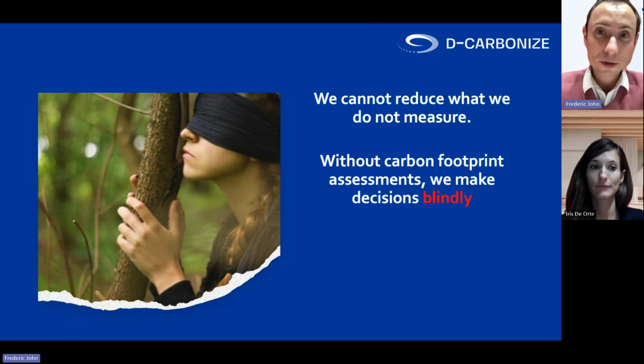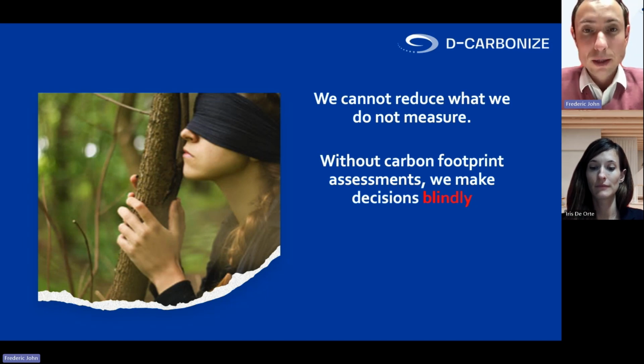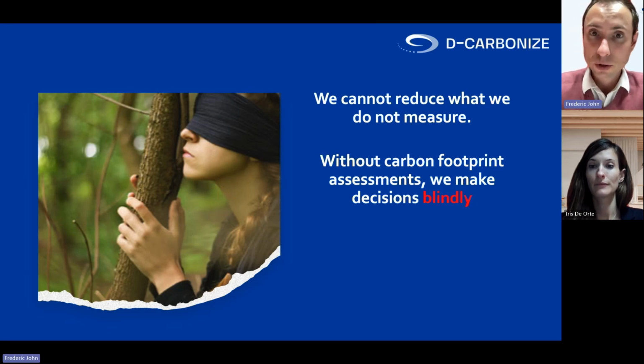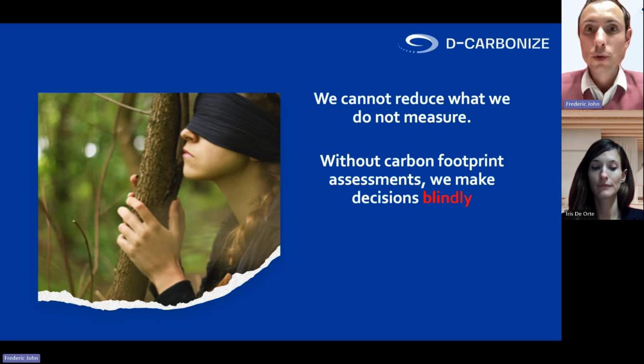It's the same when you meet a doctor. A doctor will never give you a medicine before having a diagnostic. And a carbon footprint assessment is this diagnostic that will help you in your private life, but certainly in your professional life, for your company, to measure CO2 emissions in order to identify where to act and what to do.